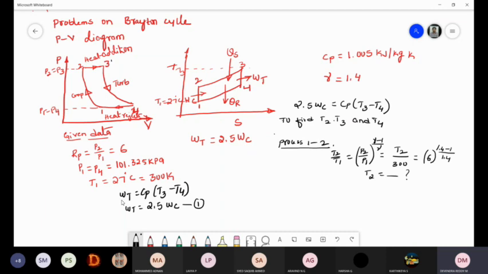Now WT is equal to 2.5 times the compressor work. So we know the WT value. I'll tell it in a different form.